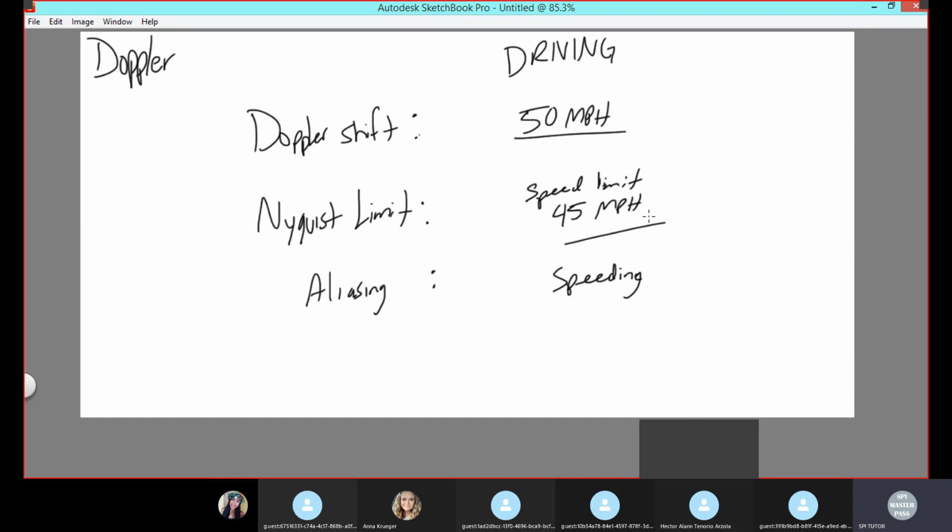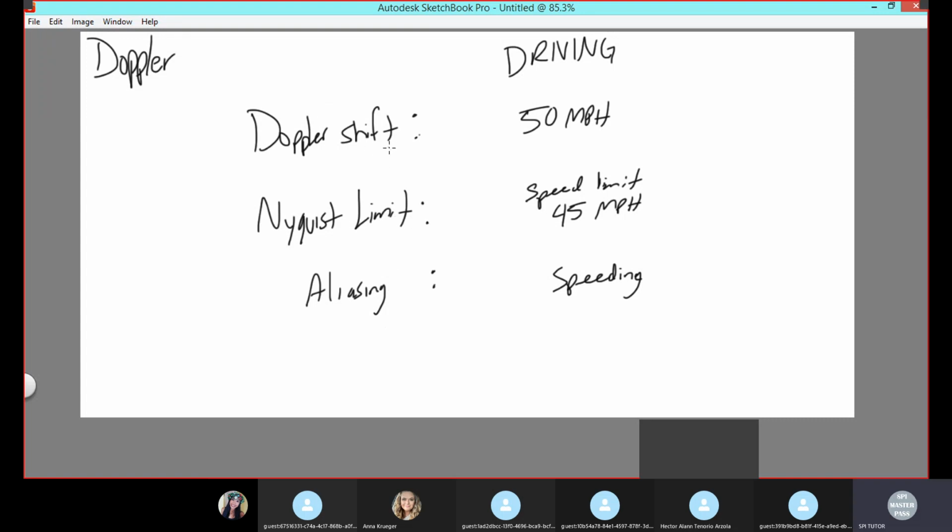So I am going faster than what the speed limit says I should go. That is these guys. If your Doppler shift is faster than your limit, they call it a Nyquist limit, then instead of speeding, you get aliasing. Aliasing is an artifact, something that you don't want to get.